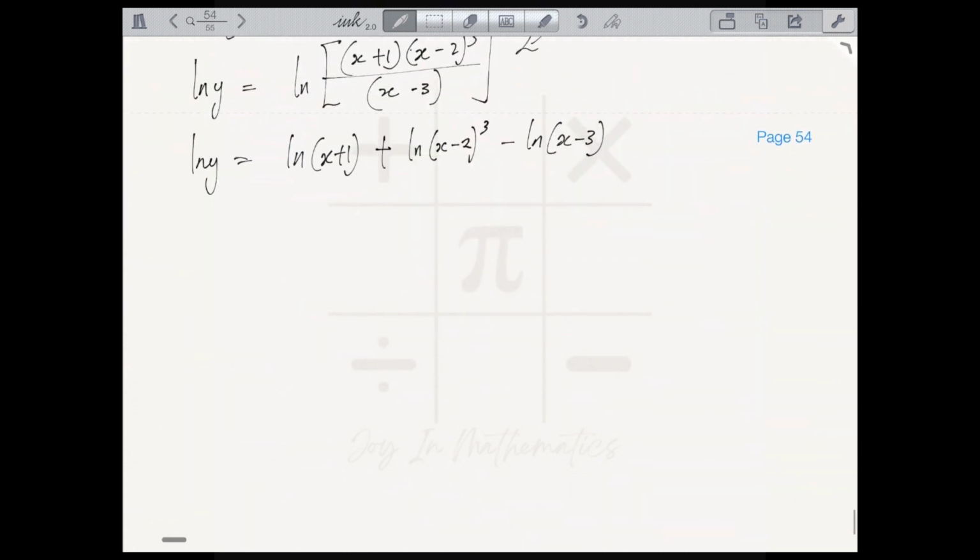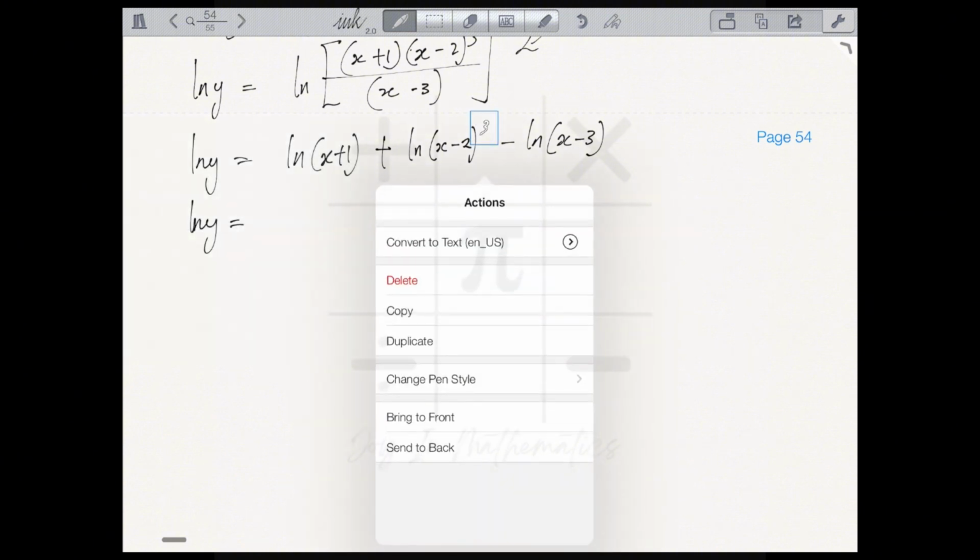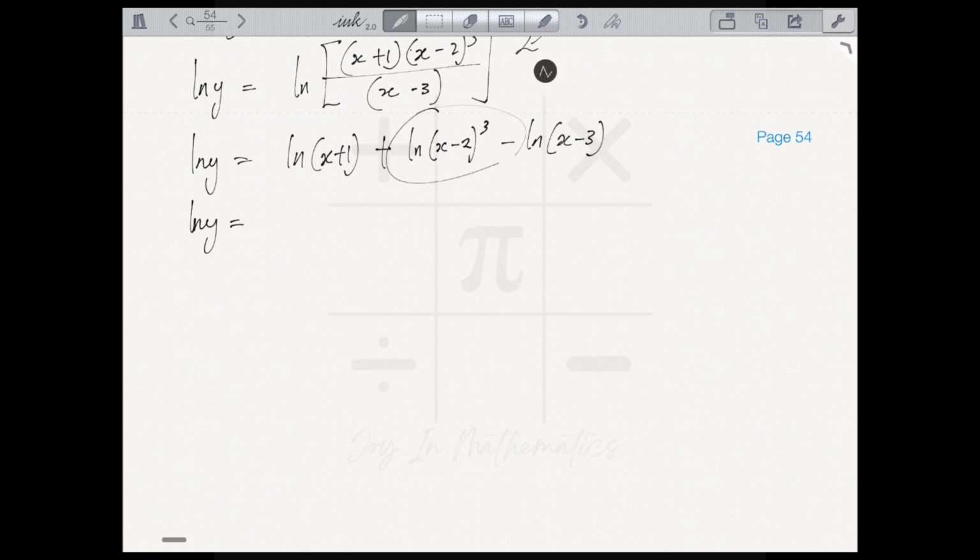And thereafter, this can be further simplified using the third law of logarithm as ln of (x plus 1) plus 3 ln of (x minus 2) minus ln of (x minus 3).